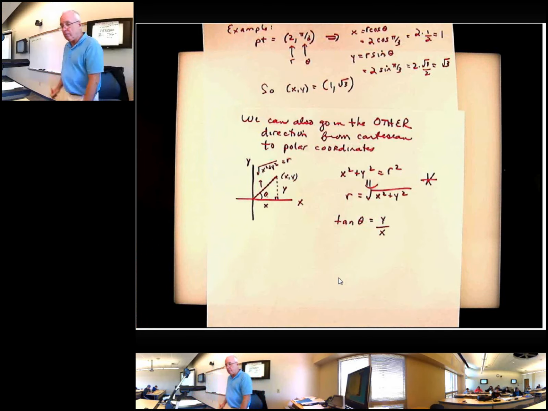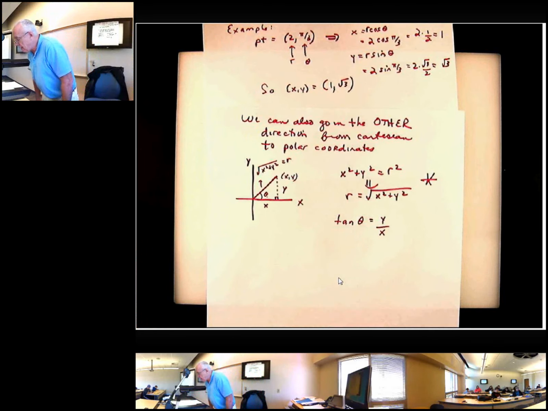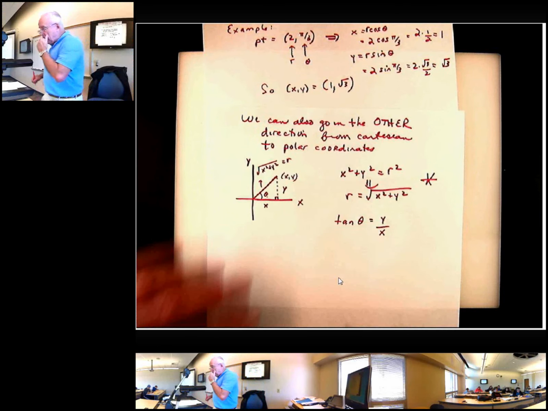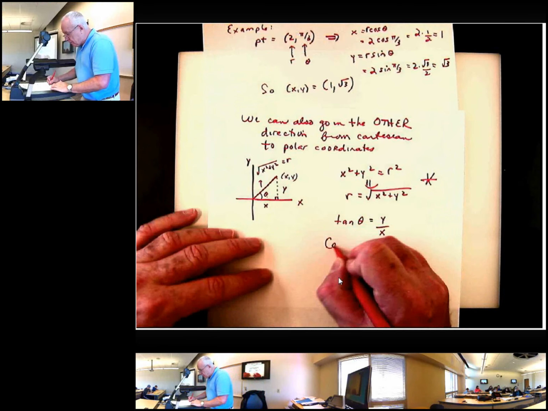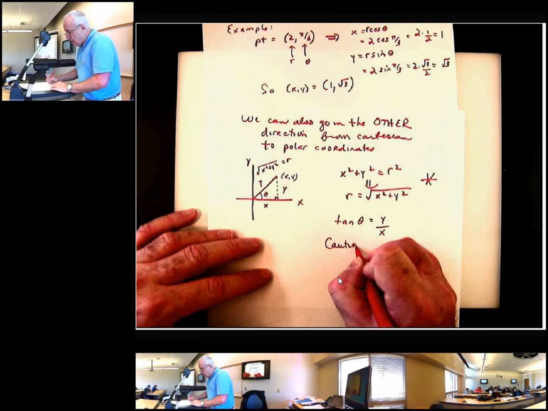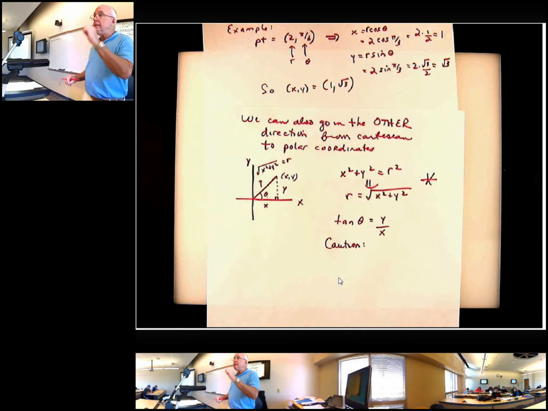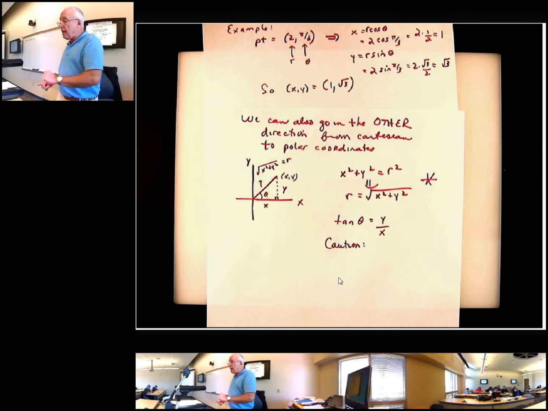Okay? Now, one thing we have to be careful about is this. Caution: make sure that the theta that we come up with is in the same quadrant as the point that we're talking about.